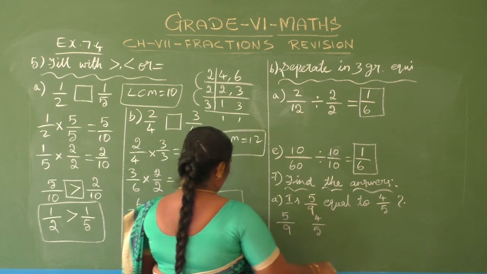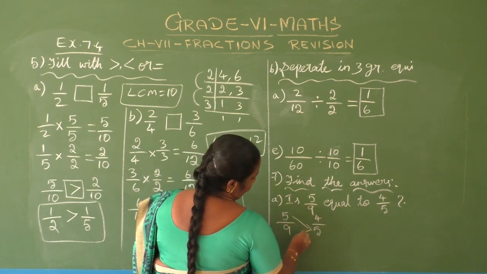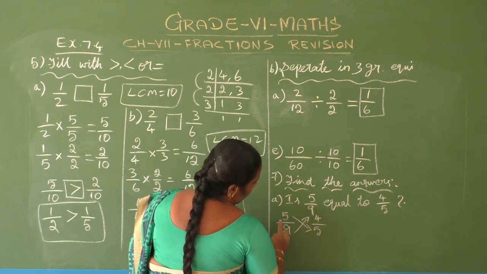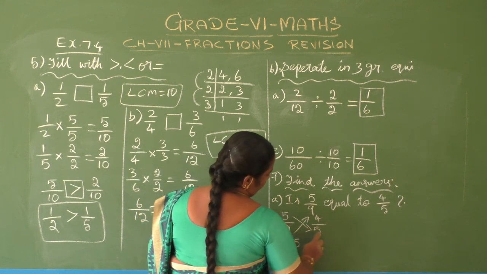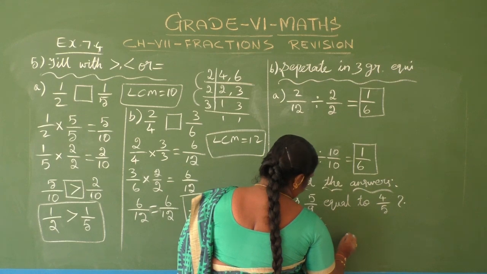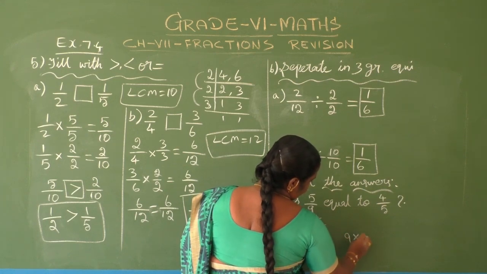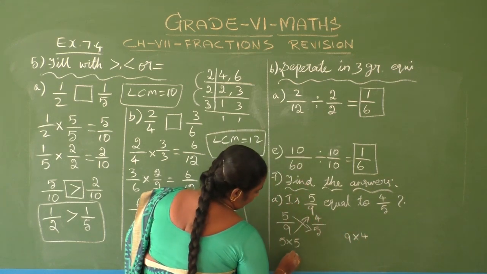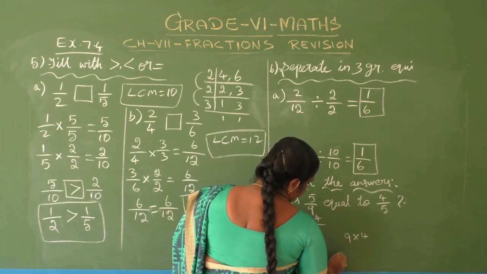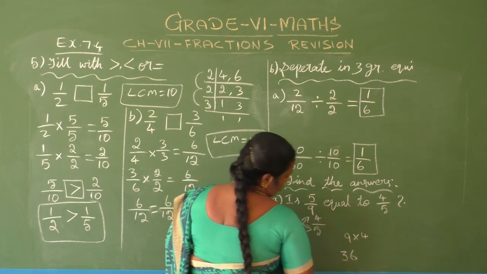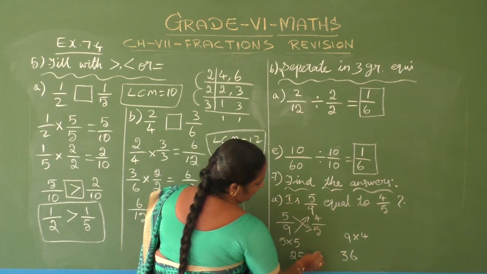I am going to do cross multiplication. 5 into 5, this side 9 into 4. What will come? 5 fives are 25, 4 nines are 36. So both sides are not equal.